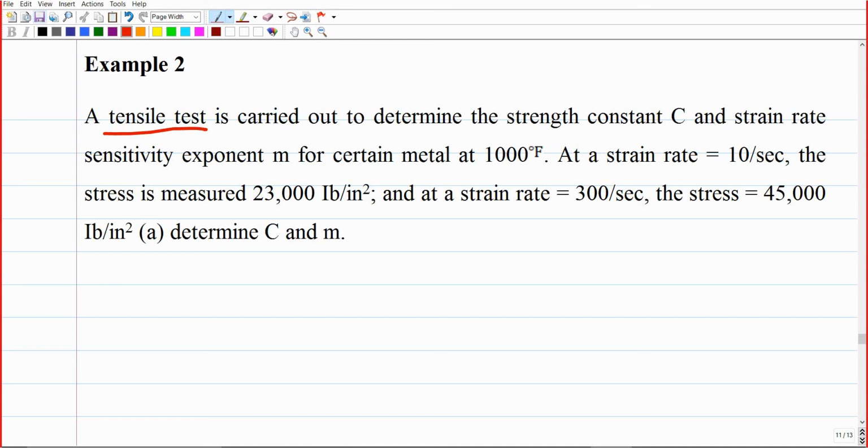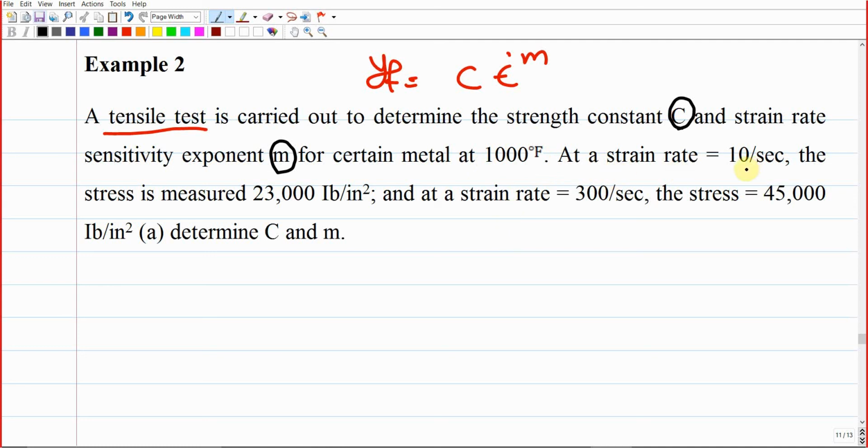This operation is carried out to determine the strength constant, which is C, in the equation where the flow stress is C epsilon dot to the power M. We also need the strain rate sensitivity exponent, which is M. It is required to calculate C and M for a certain metal at 1000 degrees Fahrenheit.